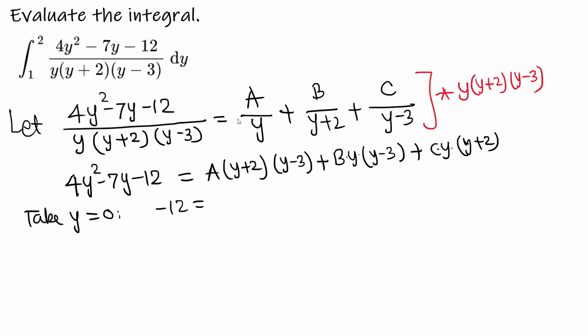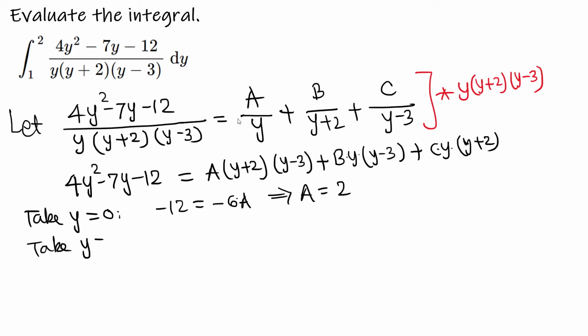Equals a times 2 times negative 3, negative 6a. The other terms are 0, since 0 times any number is 0. So negative 12 equals negative 6a. Divide by negative 6, we get a equals negative 12 divided by negative 6, which is 2.